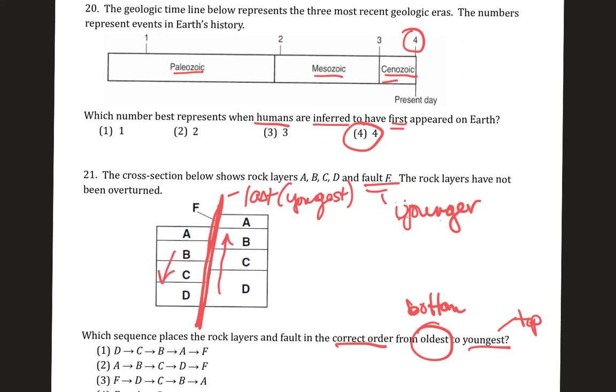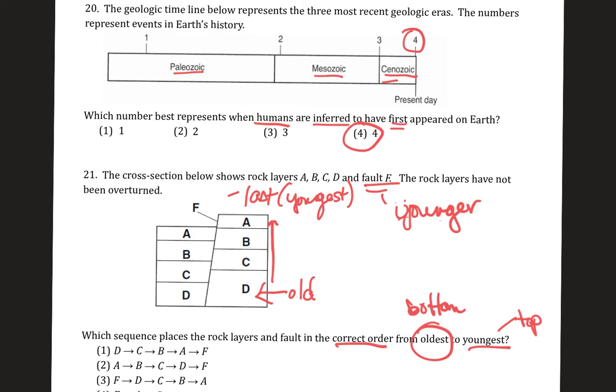So I know that's probably the last thing that happened. And then I can work my way backwards from there and take a look at the law of superposition to help me figure out what happened to the other ones. D is on the bottom, so it's probably the oldest. And then as we go up, those are probably younger than that.